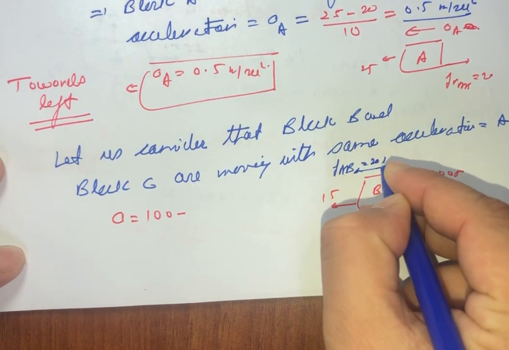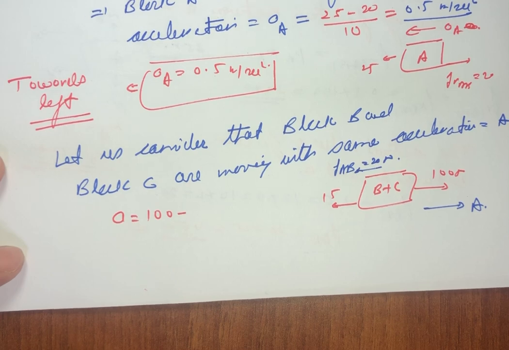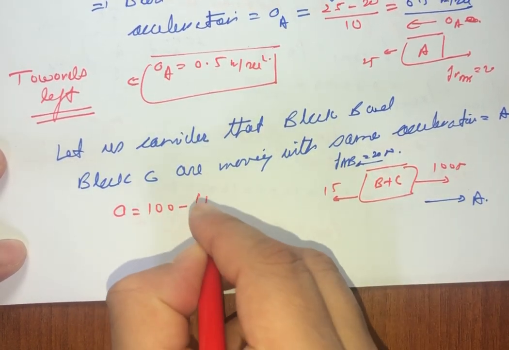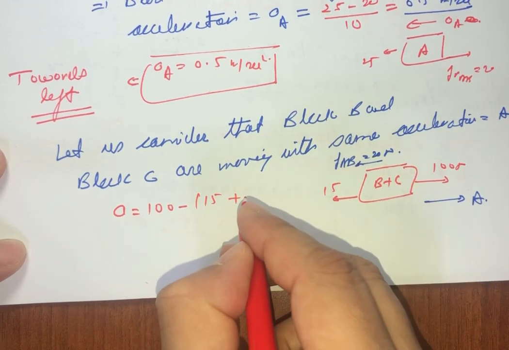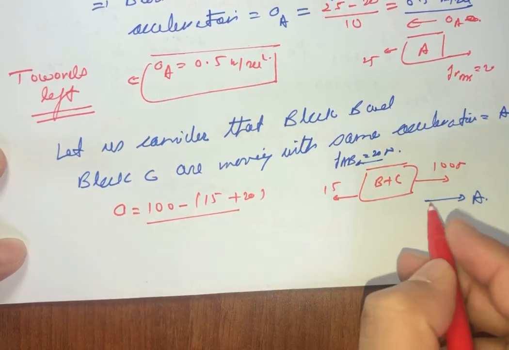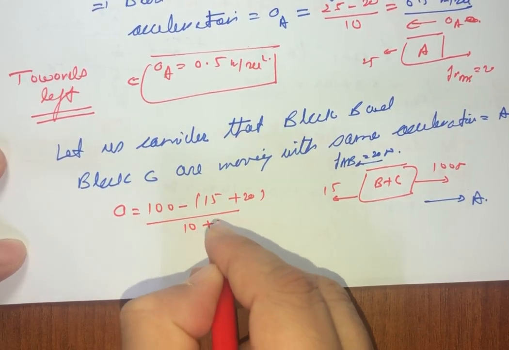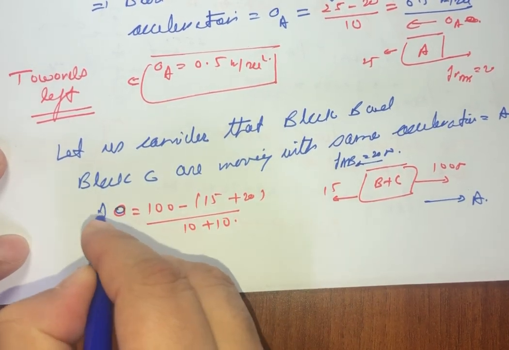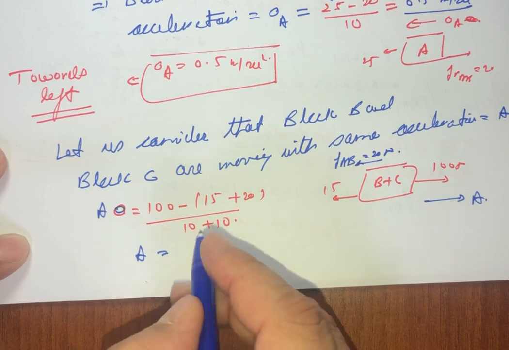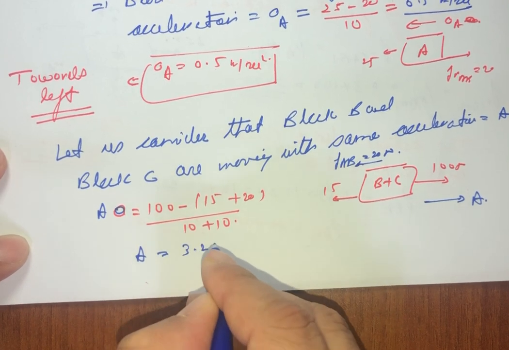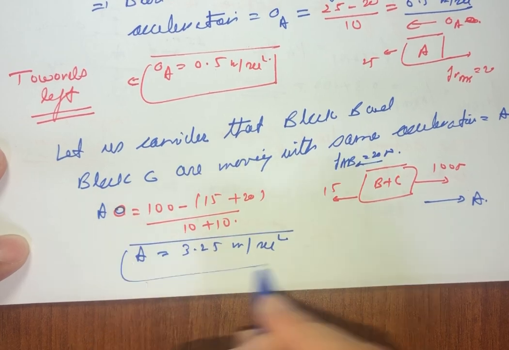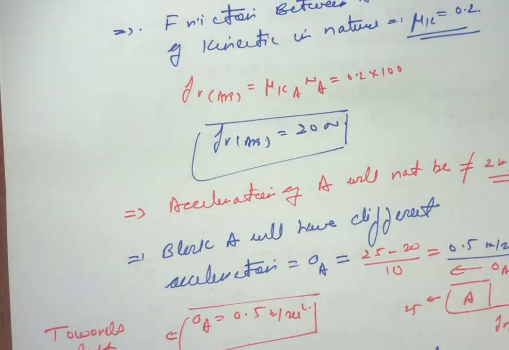So this will become 100 minus 15 plus 20, divided by the mass, that is 10 plus 10, and sorry, this is capital A. Capital A will be coming as 3.25 meter per second square. So this is the acceleration with which B and C will be moving.